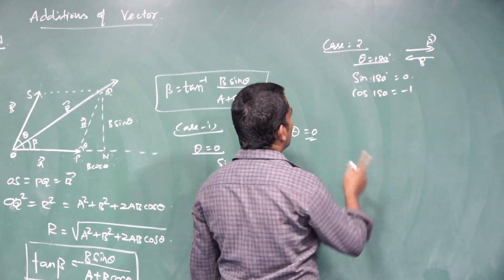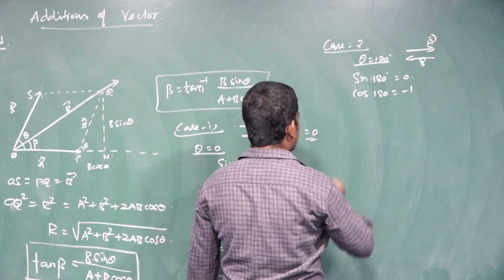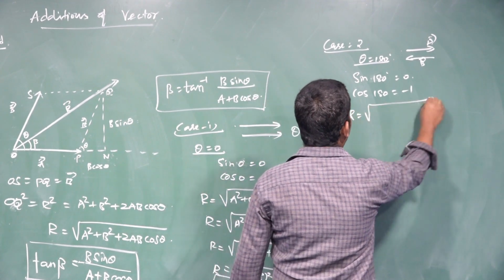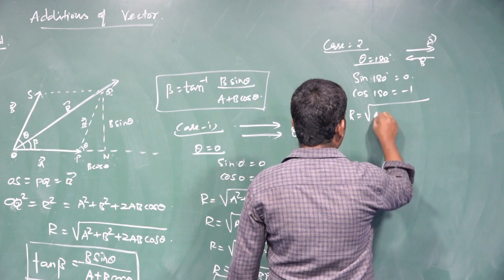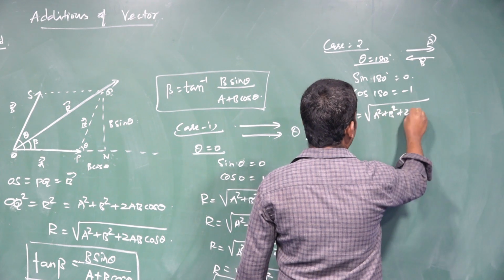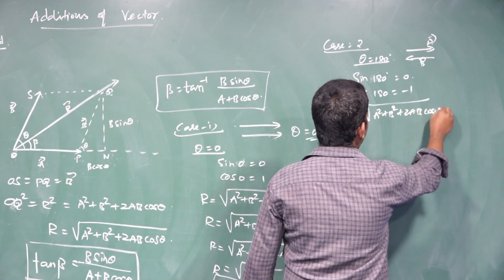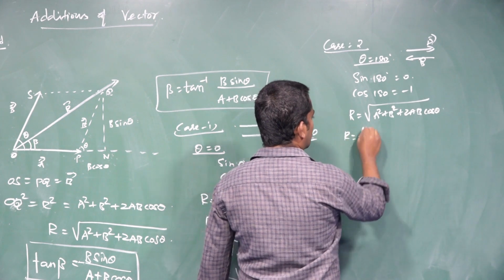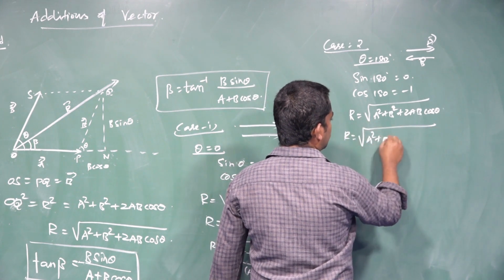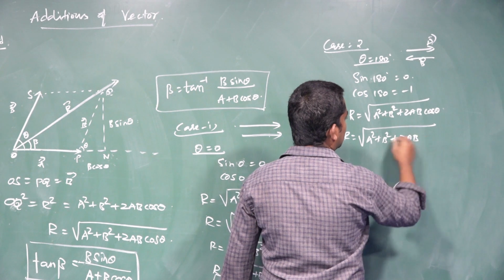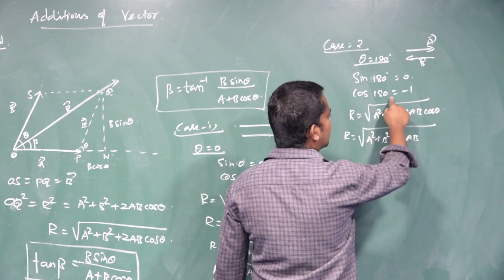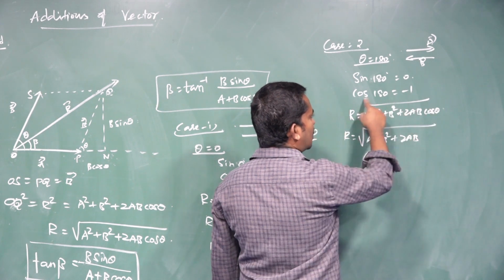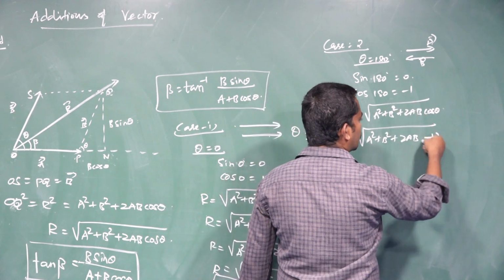What is the resultant vector? R is equal to square root of a square plus b square plus 2ab cos theta. The theta value is 180, and cos 180 value is minus 1.